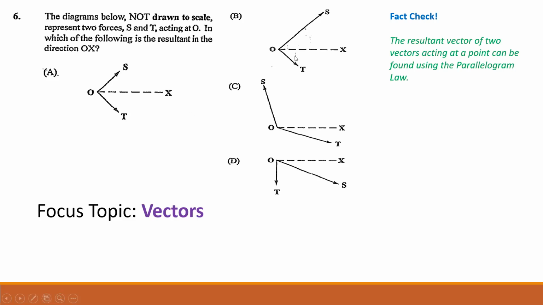But the thing is that A would be more suitable because when we look at the direction of S and T, then OX would be going in a direction which pretty much is balancing S and T. In diagram B, OX is going too much over to T, and T is a smaller force. So you should not have that happening. The answer should be A.